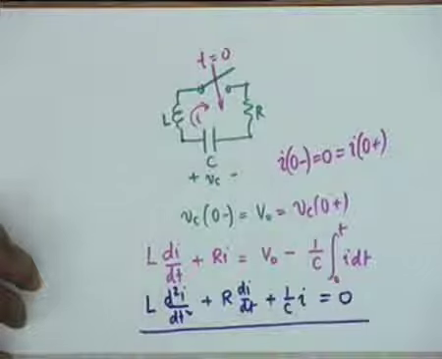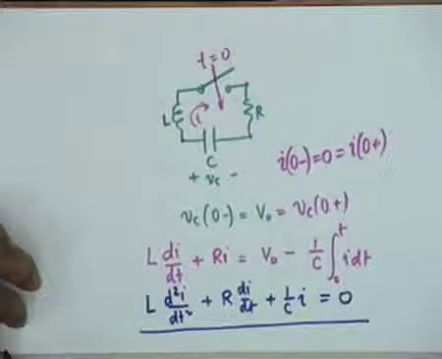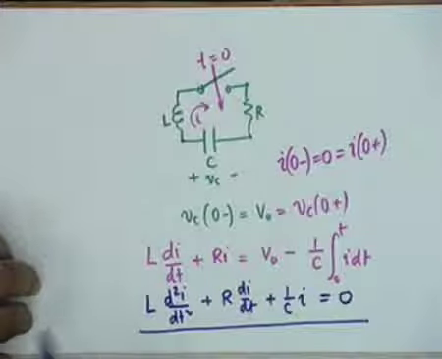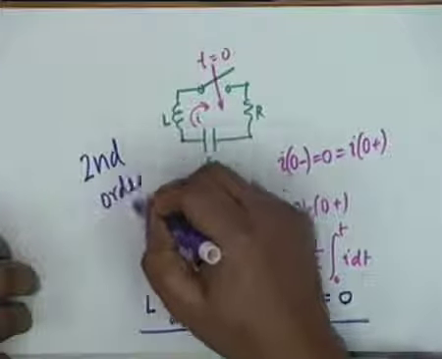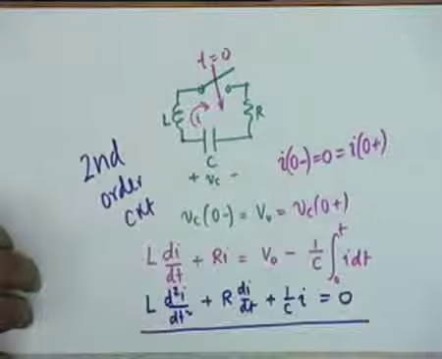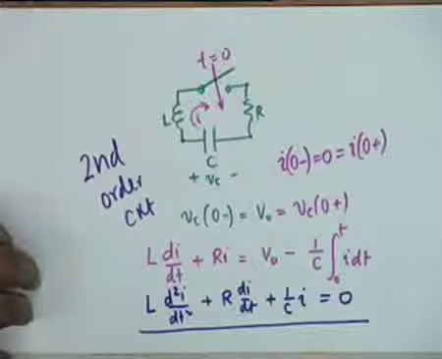If you notice, this equation is also a homogeneous differential equation of the second order, and therefore this circuit is called a second order circuit, and we are indeed talking of natural response.